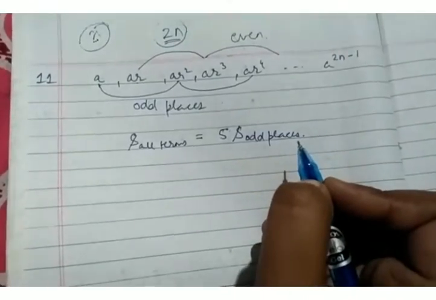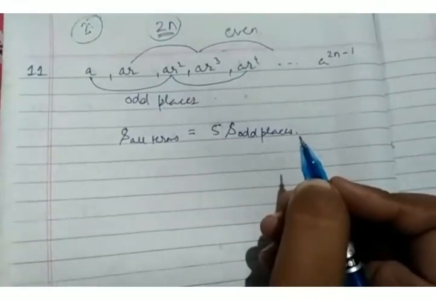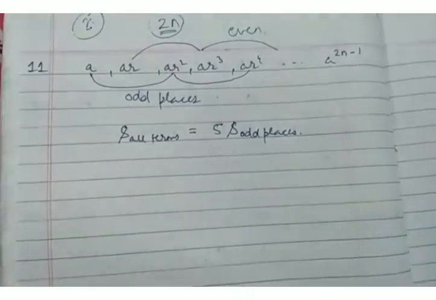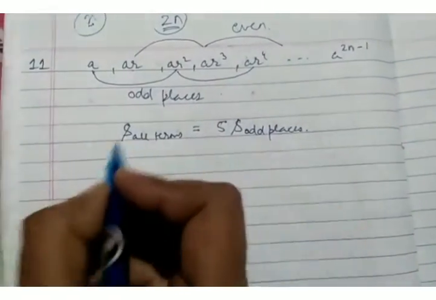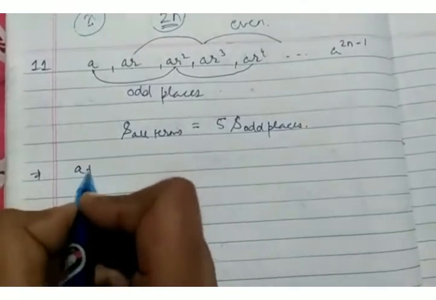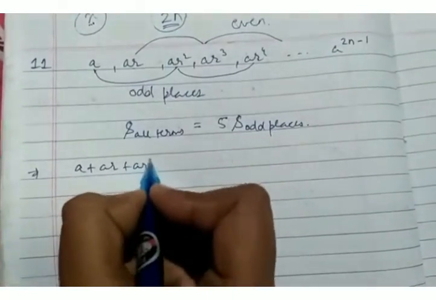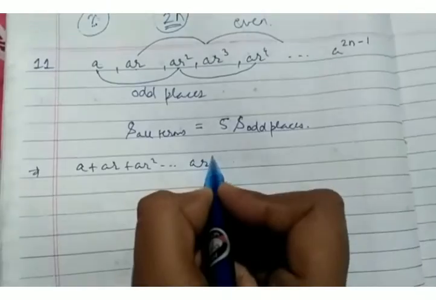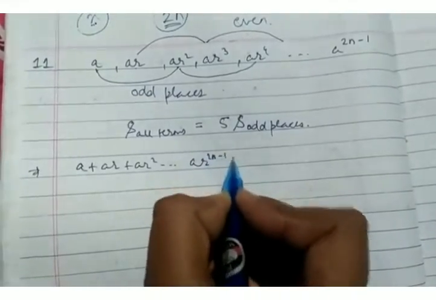So we are going to put in the formula. We know the formula for the sum of n terms of a GP. So we can write it as a plus ar plus ar square and so on up to ar to the power 2n minus 1.